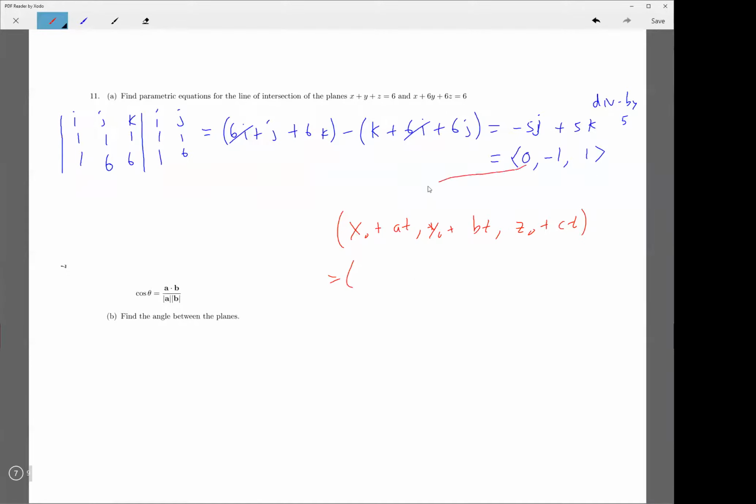Okay, and the a is going to be 0, and the b is going to be -1, and the c is going to be 1. So the x0, y0, z0, we need a point.